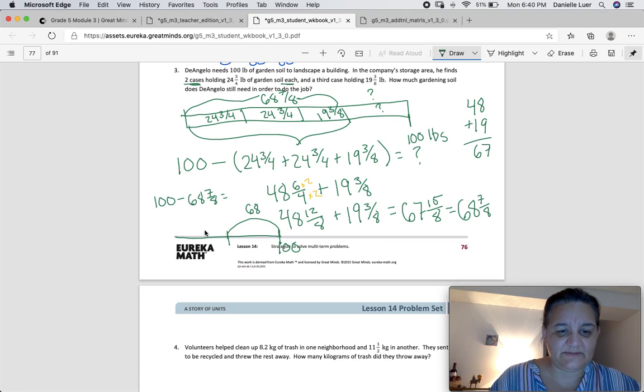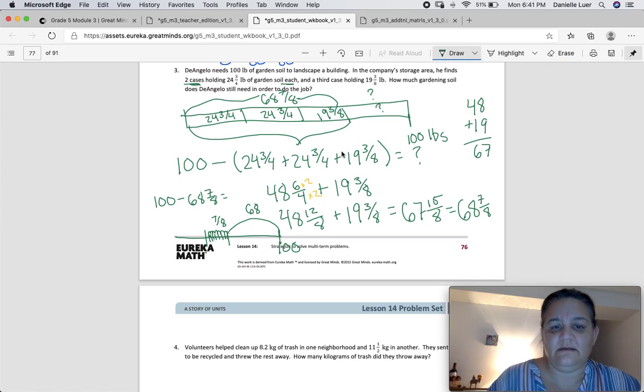And then I'm going to subtract, there's 67. 7 eighths. 1, 2, 3, 4, 5, 6, 7. 1, 2, 3, 4, 5, 6, 7 eighths. Okay, and that brings me back to, I'm sorry, that's not 67.